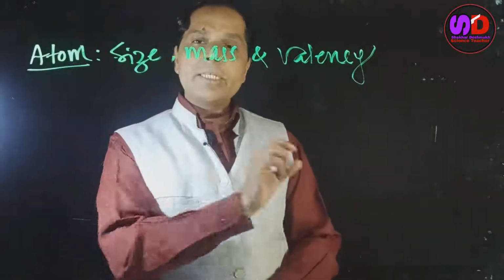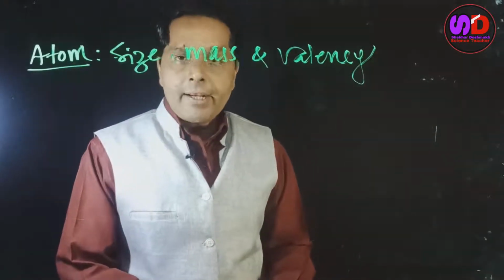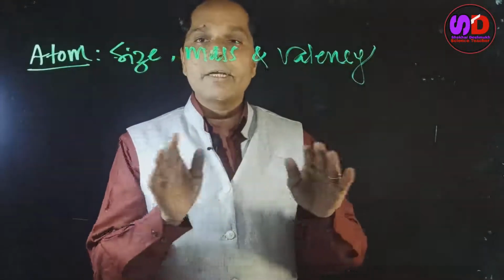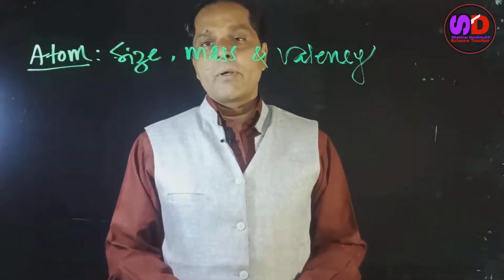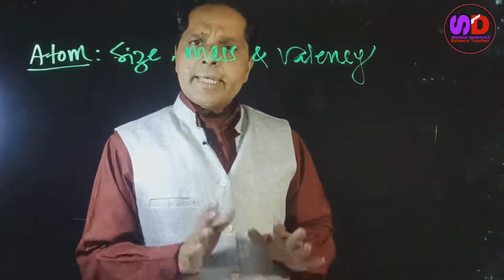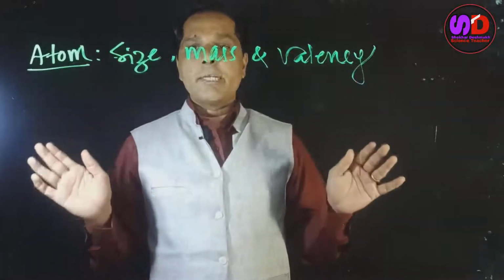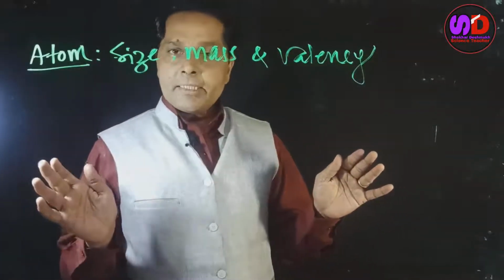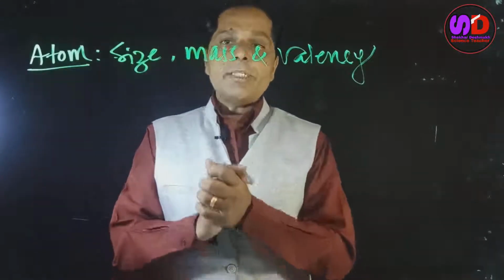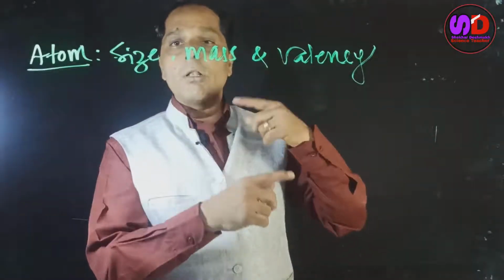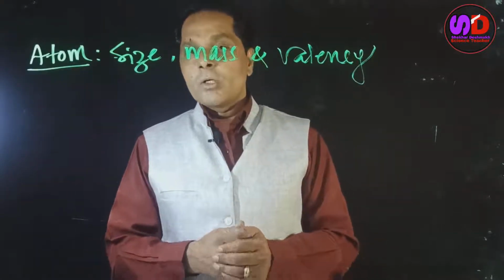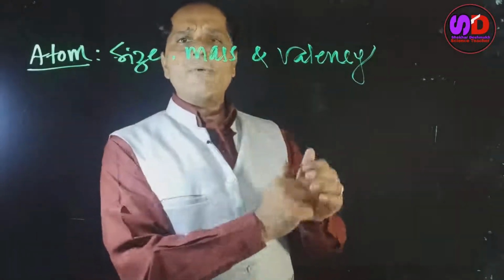Protons are positively charged and neutrons are neutral, that means they don't have any charge. This is the nuclear part of an atom. The second part is the extranuclear part, in which negatively charged electrons revolve in discrete orbits. So this is about the structure of the atom.